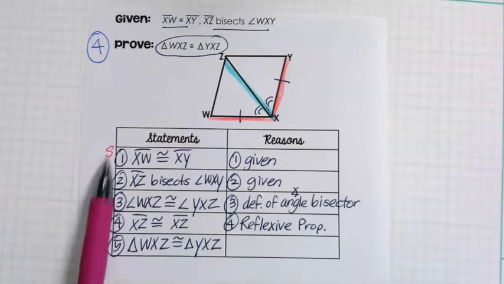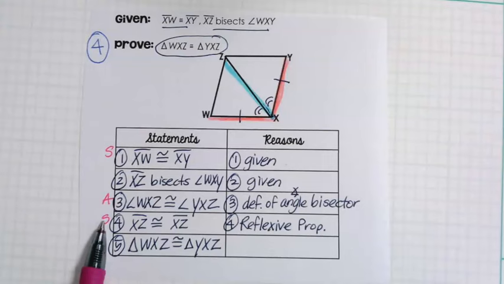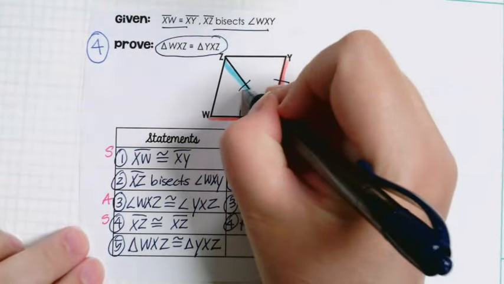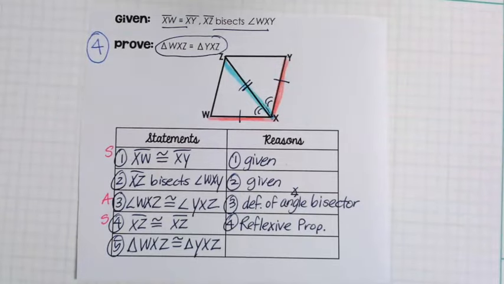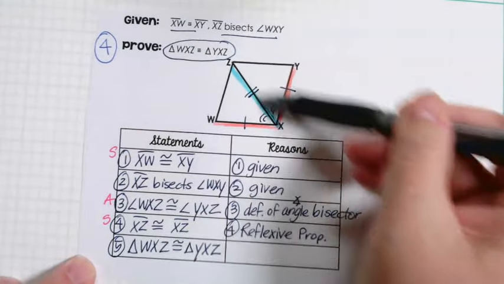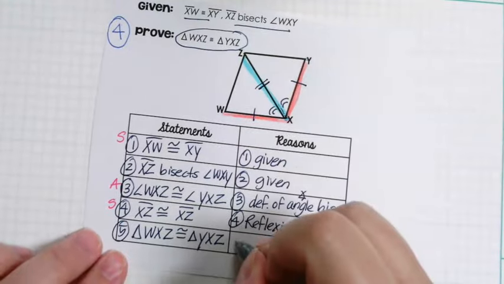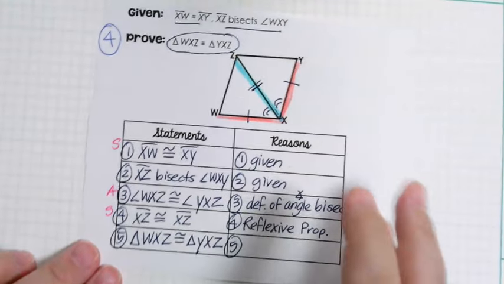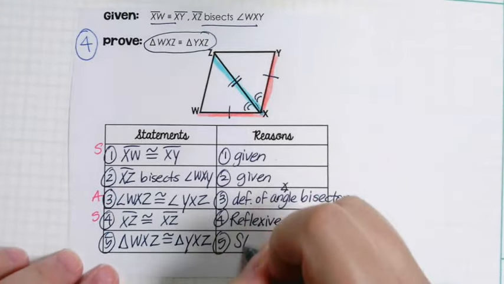Now, again, the order in which I stated these does not mean it's SAS. I have to make sure the angle is the angle between the two sides. And let me go ahead and mark my second pair of sides there. Is it the angle where the two sides meet? In both triangles, it is. So these two triangles are congruent by side angle side.